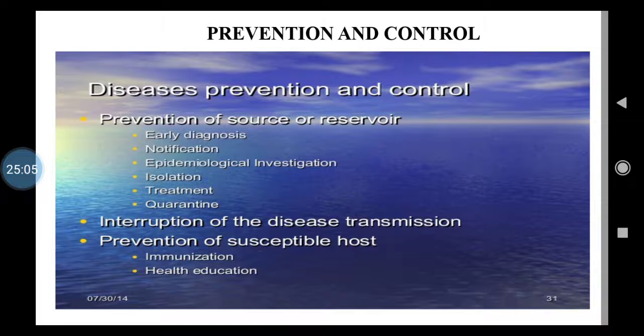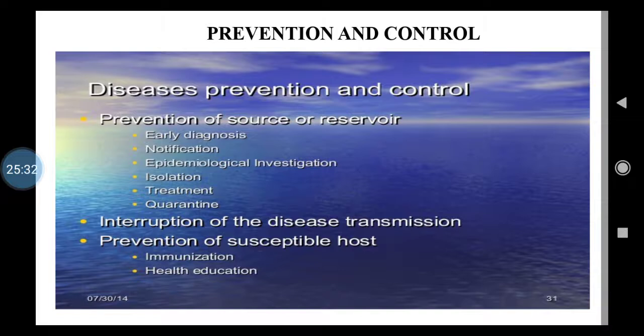Now this can be followed at three levels. One is controlling the source of infection. As on your slide it is given, prevention of source of reservoir; either we can write prevention of source of reservoir or controlling source of infection, it is one and the same.